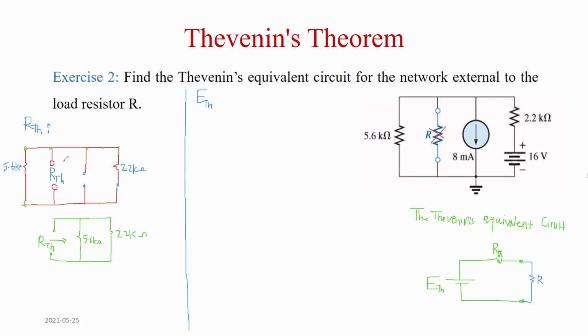Now, clearly, I can see from this connection that these 2 resistors are connected in parallel, so the total resistance here, R Thevenin, is those 2 resistors in parallel. So I can multiply, divide by the sum, or I can do 1 over, 1 over, and 1 over that. So I can multiply 5.6 and 2.2, and divide by 5.6 plus 2.2.